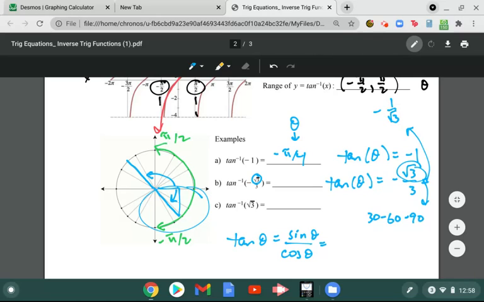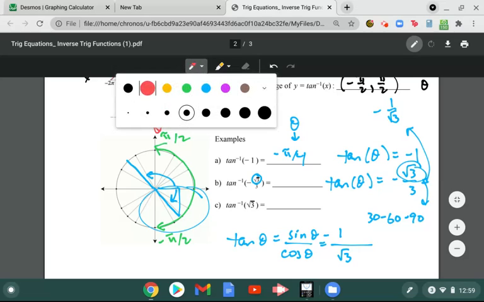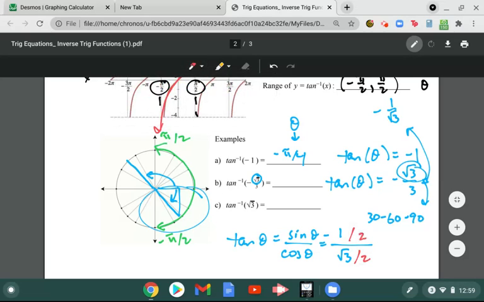So if I want a radical 3 in the denominator and a 1 in the numerator, and then we've got a negative floating around here, then this has got to come from over 2 over 2. So it's got to come from the angle where the sine is going to be that -1/2. Sine is my y value. So sine is -1/2. That's going to be this guy right here, negative pi sixths.